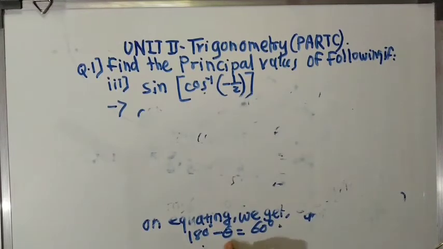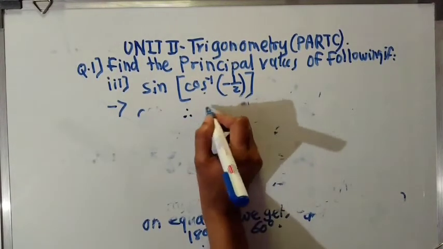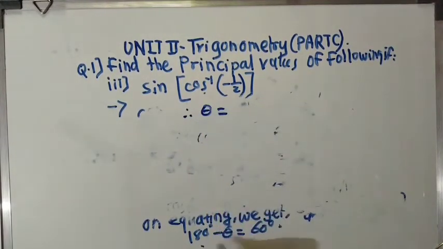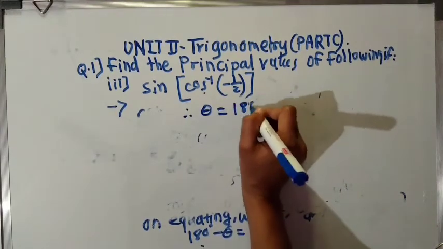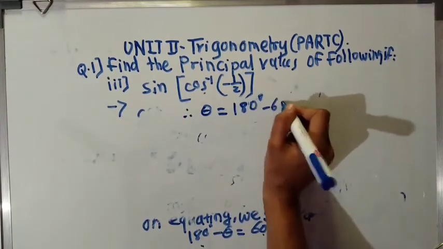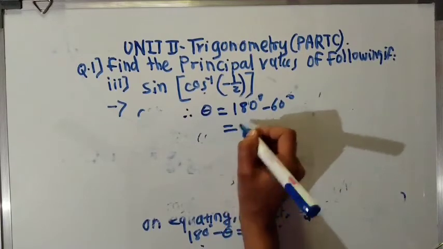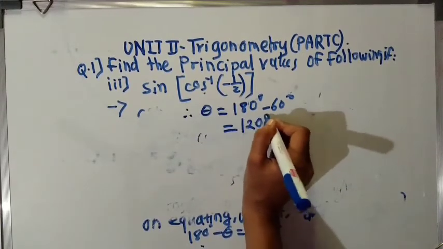Hence 180 minus theta is 60 degree. Hence theta is equal to 180 minus 60 degree, which is 120 degree.